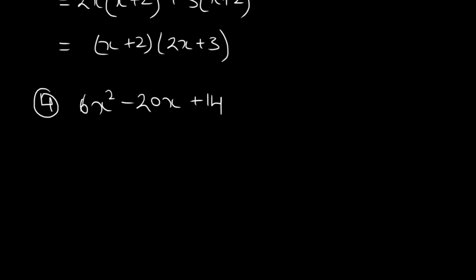But whenever you get presented with a question like this, where the numbers are a bit bigger, the first thing you should do is to see if you can actually factorize something out to make these numbers smaller and more manageable. So what I can see is that I can actually factorize out 2 from here. So if I factorize out 2, it leaves me with 3x squared minus 10x plus 7. So now these numbers are much more manageable.